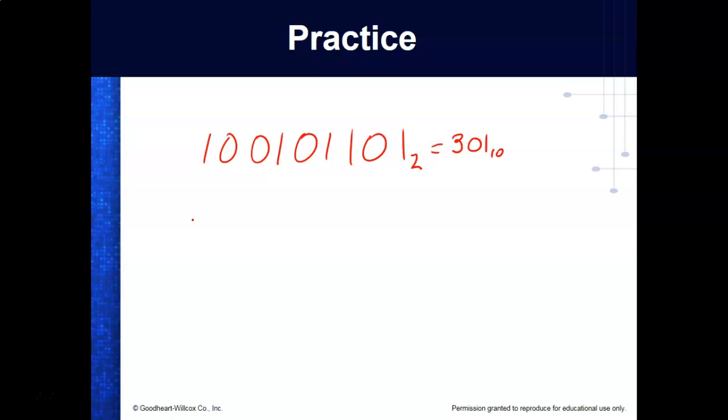Everybody get 301? Somebody didn't get that? So just because you get an odd number doesn't mean it's right. It's just that it can be right.